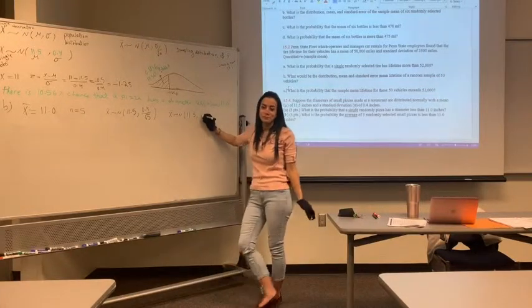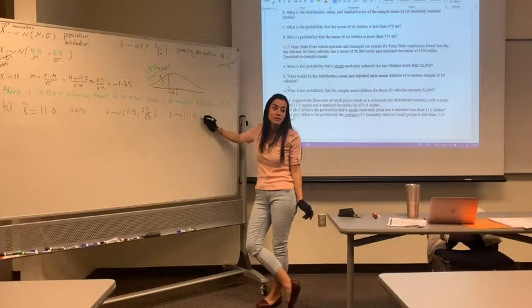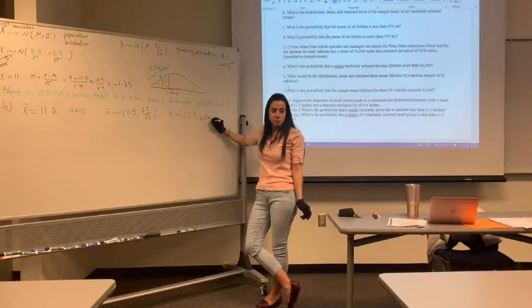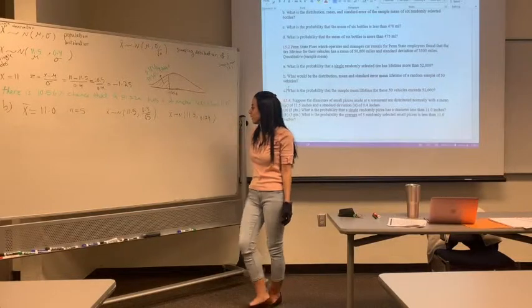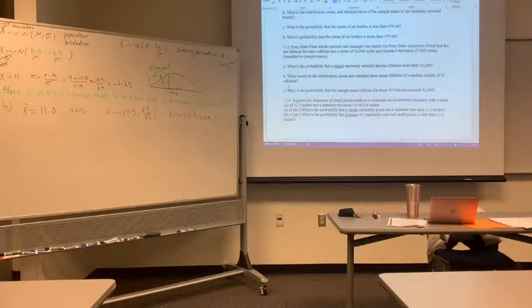What is the standard error? 0.18. I kept 3 digits just to be more precise. So now let's continue. We have X bar equal this.